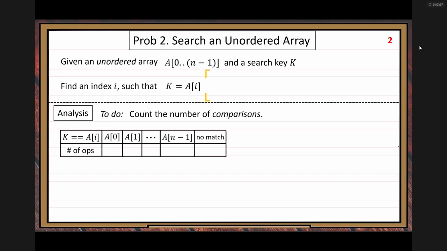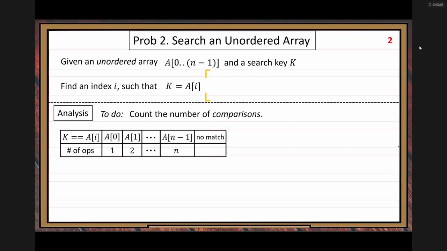Now, we want to look at the specific number of comparisons for each case. In the first case, the first element equals the given key, you only need to do 1 comparison. If the second element equals the given key, you only need to do 2 comparisons, and so on. Okay? The last one, n comparisons.